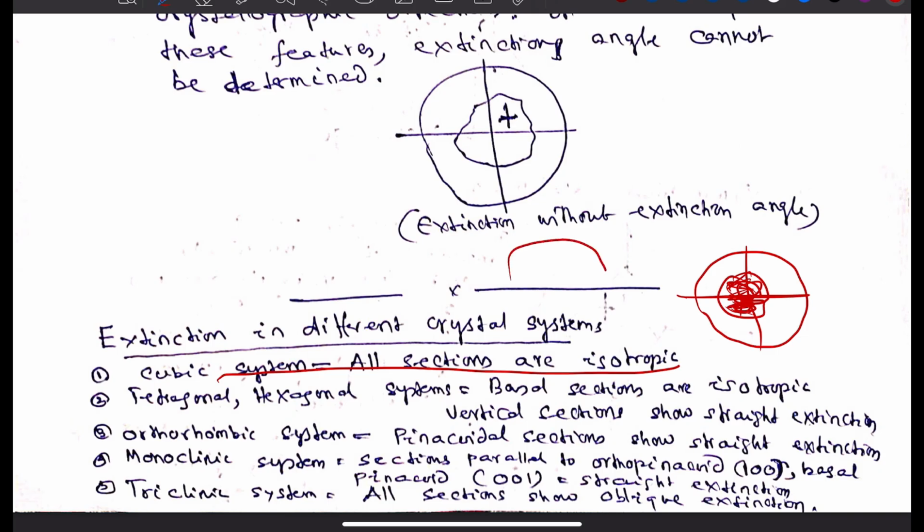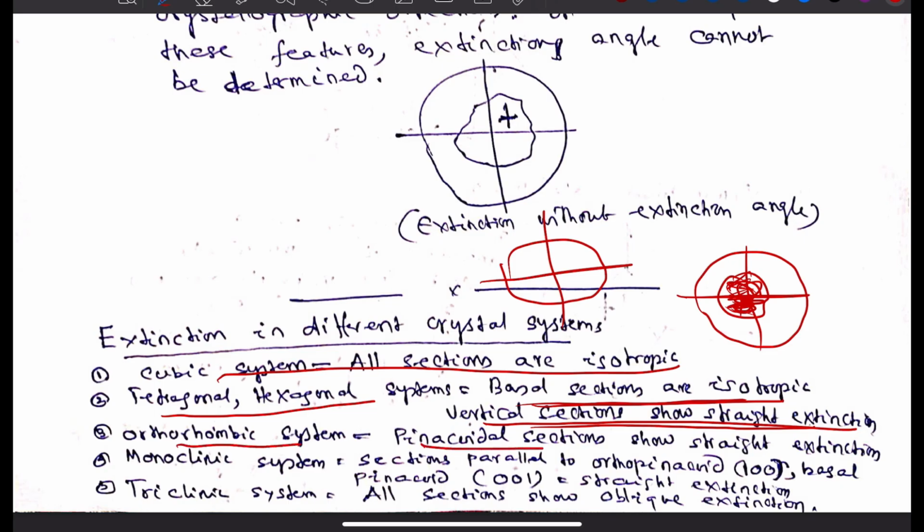Similarly, sections cut perpendicular to the optic axis in uniaxial minerals will become totally dark under crossed Nicols. So basal sections are isotropic. In the tetragonal and hexagonal systems, the vertical sections show straight extinction, but basal sections show isotropism. In the orthorhombic system, pinacoidal sections show straight extinction.